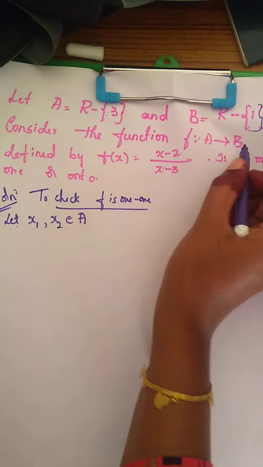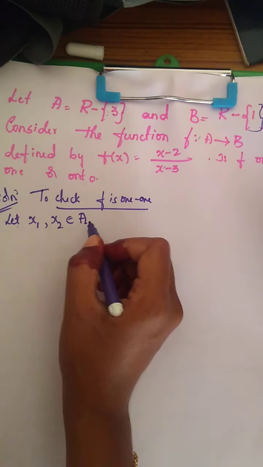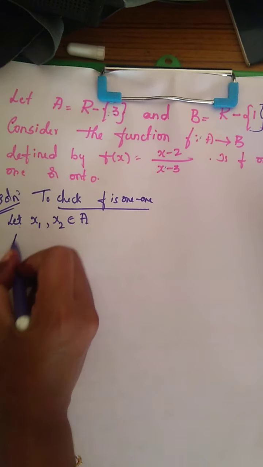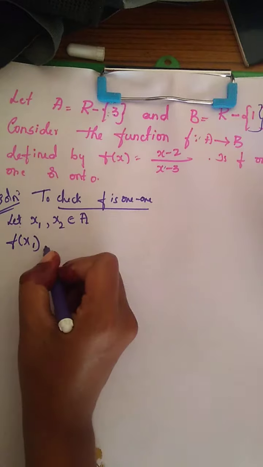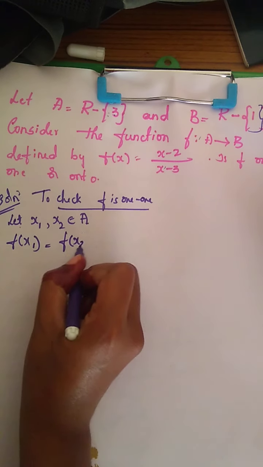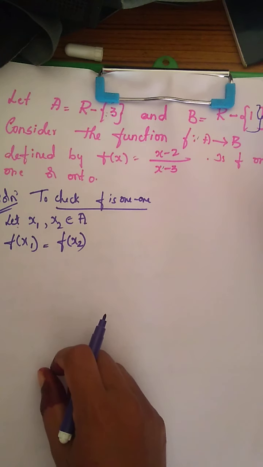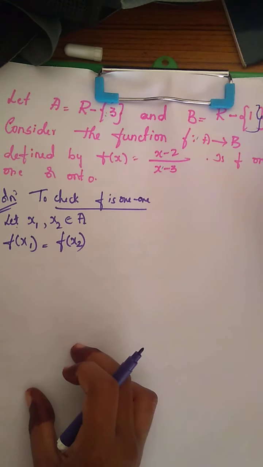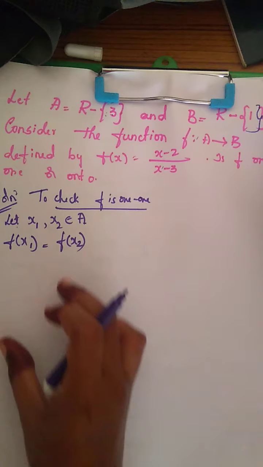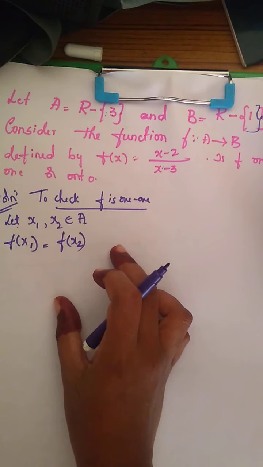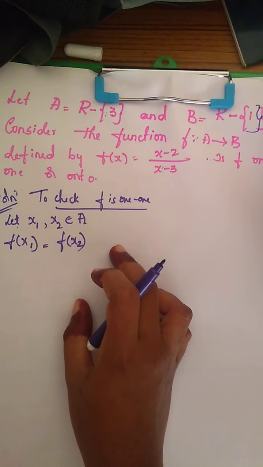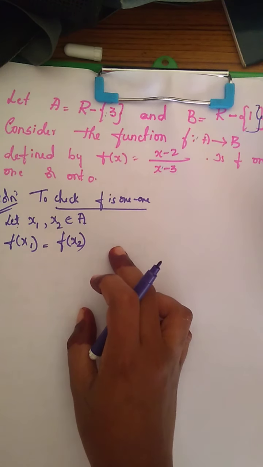Function is from A to B, so the domain is set A. We'll assume that f of x1 is equal to f of x2. If by solving this we get x1 is equal to x2, we can say that the given function is one-one. If we do not get that equality, then we can say it is not one-one.